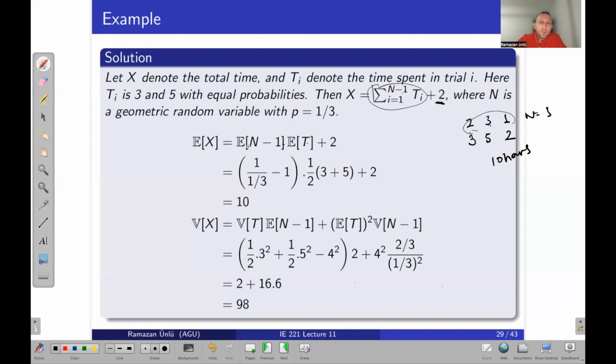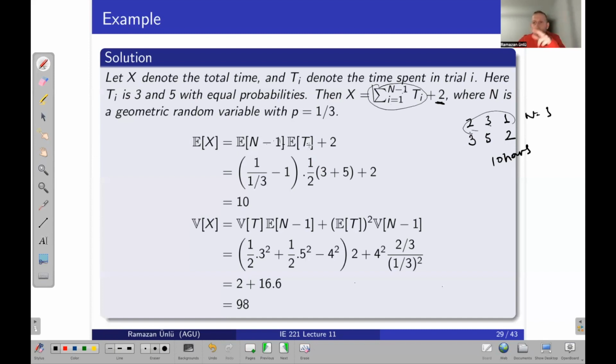So what is the expected value of n minus 1? We know that n is a geometric random variable with p equal to 1/3. Remember the expected value of the geometric distribution is 1/p. So it is 1/(1/3) minus 1, and that 1 is the constant. And times the expected value of t.